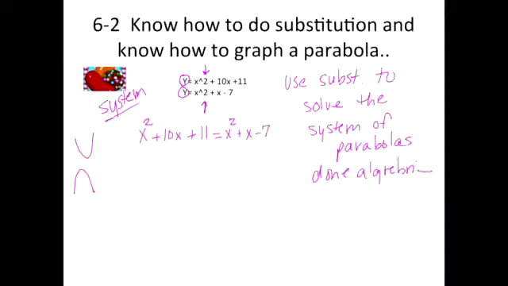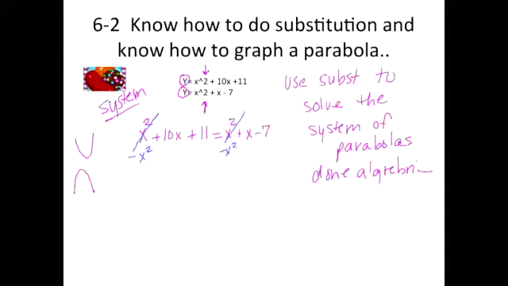That is using substitution. And I really like that here for a couple of reasons. Number one, the x squareds are going to cancel out. I love that. Like if I were to subtract x squared from both sides, it would just go away.